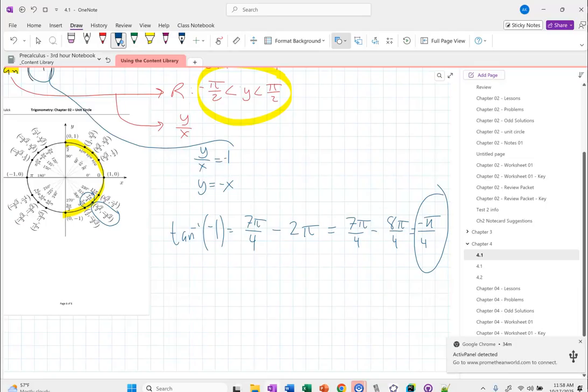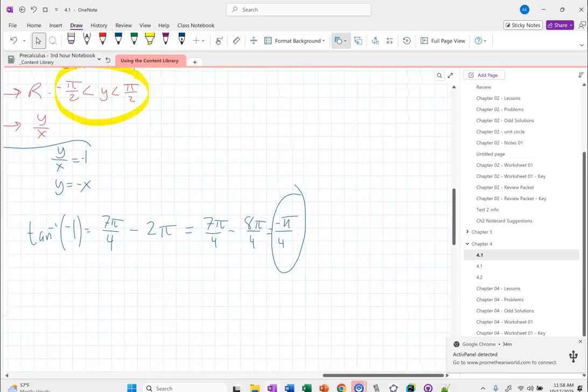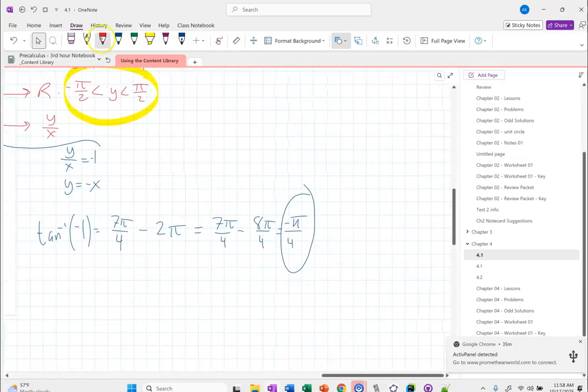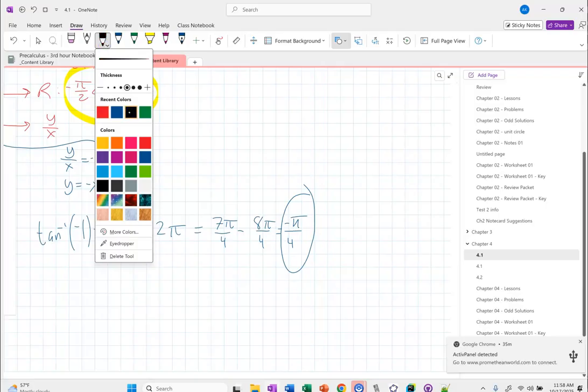What do you guys think? It's okay, right? Very visual, like you're looking at the unit circle, like you're not doing any algebra really by hand. You're using the unit circle. So far, so good? Okay, we're going to add one more layer on top of this now. So, slightly different problem.